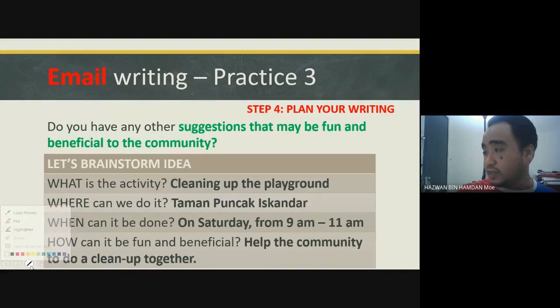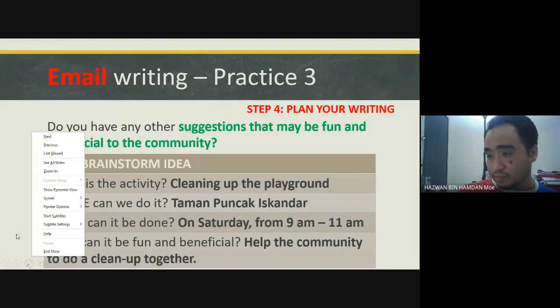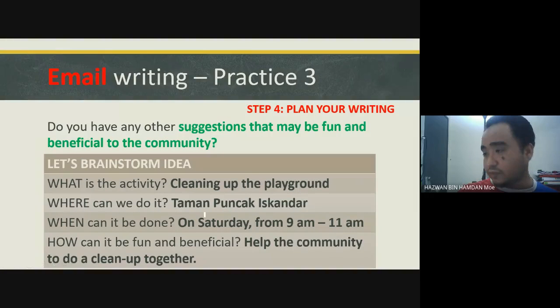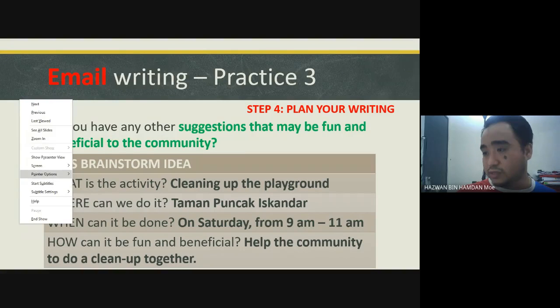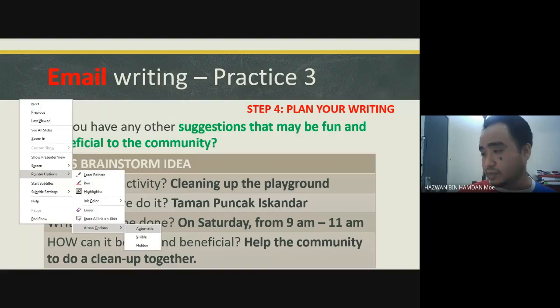Okay, kita ada cleaning up the playground. Okay, we have the place, the time, and also how it can be fun and beneficial to the community.